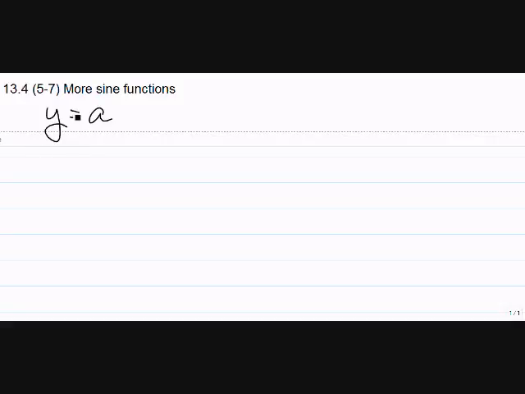Okay. So A sine bx, so theta or x. The absolute value of A is going to be defined as the amplitude.